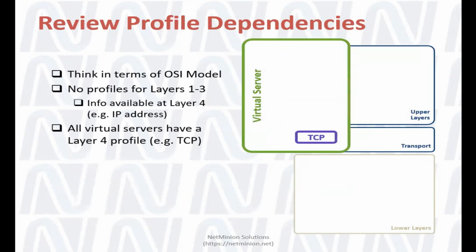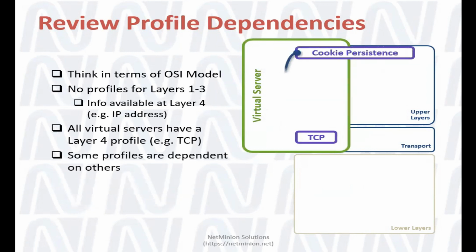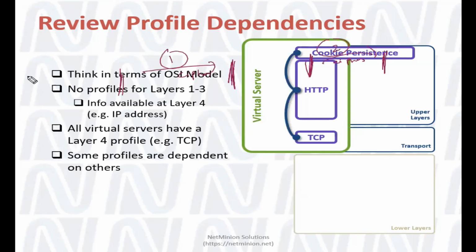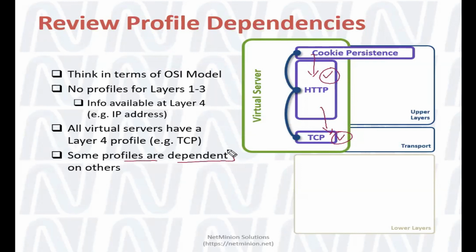Similarly here, if you need to apply cookie persistence, let us say cookie is the profile, and if you need to apply the cookie profile, you should have the HTTP profile. And for the HTTP profile, you should have the TCP profile. So these profiles are known as dependent on each other.